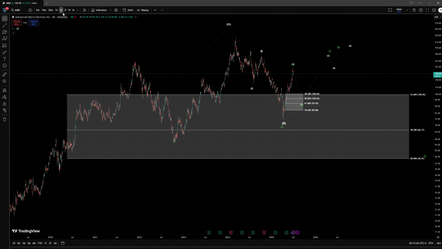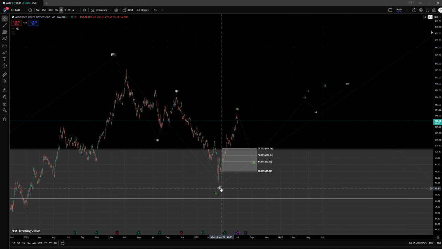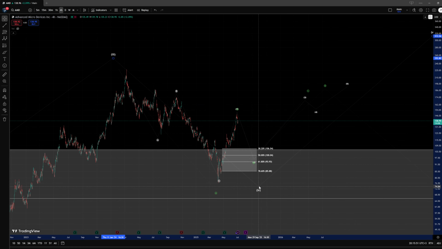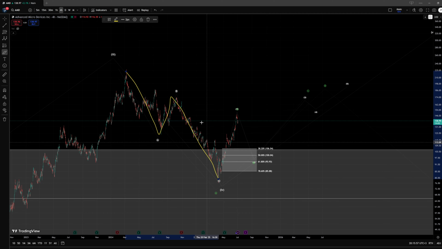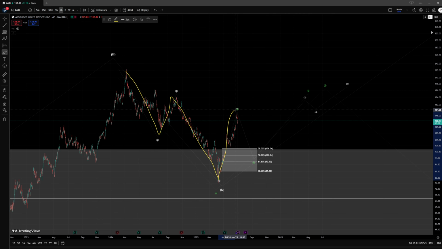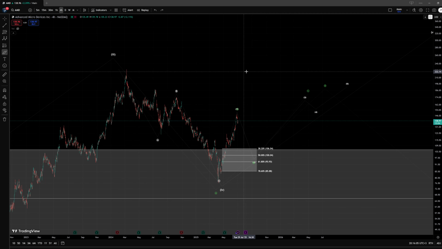Now on the shorter time frame here, as I said, this wave 4 is possibly finished in an ABC correction that is shown in white. And now we would have started a wave 1 to the upside with a 2, 3, 4, and 5 to follow.